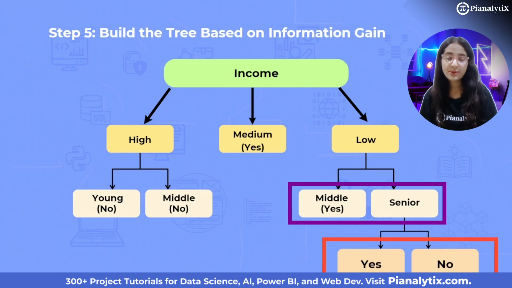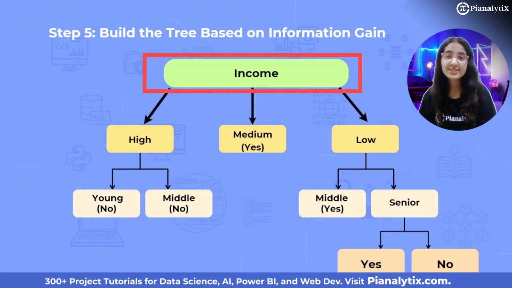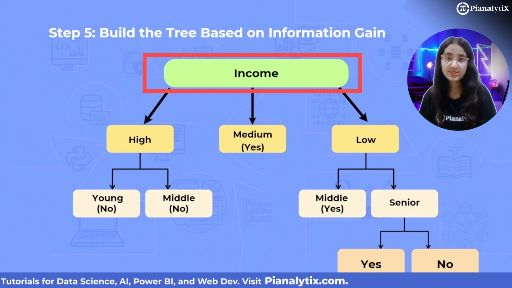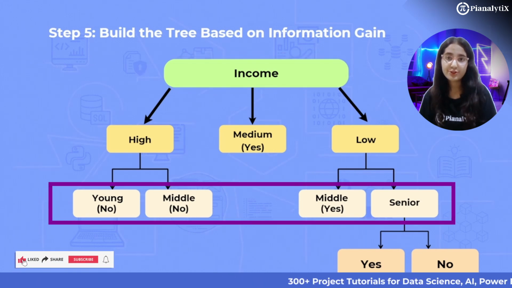For one customer, it predicts no, did not purchase, and for another, it predicts yes, purchased. Decision processes at each node. First, income. It's chosen as the first decision feature because it gives the highest information gain, or reduces impurity the most. Second, age group.